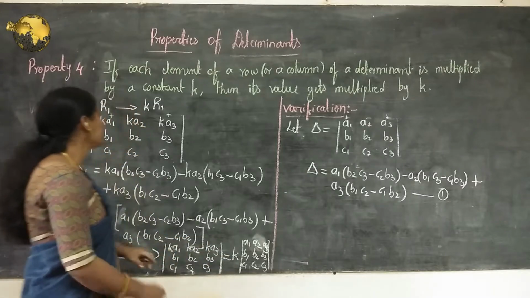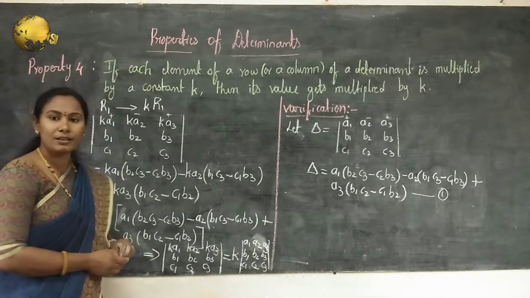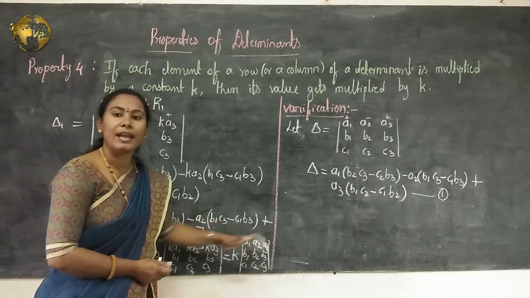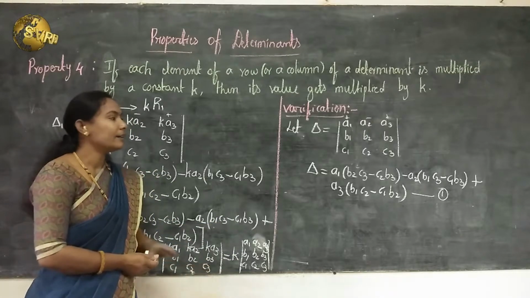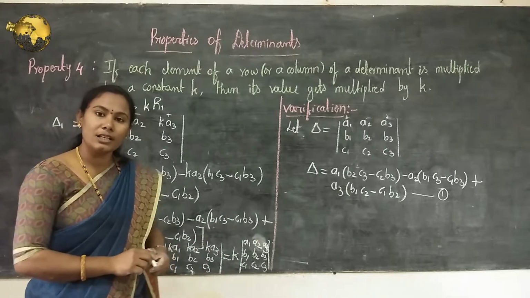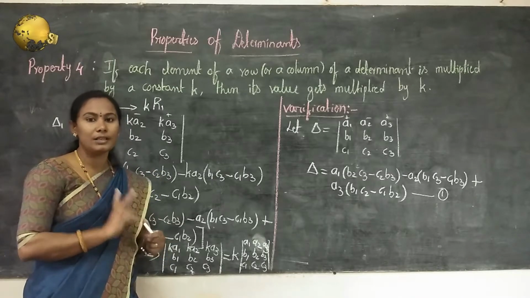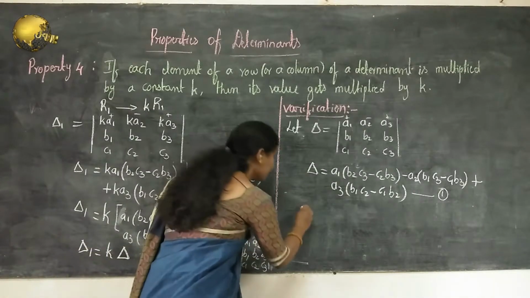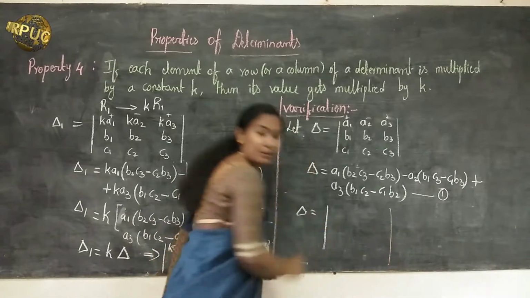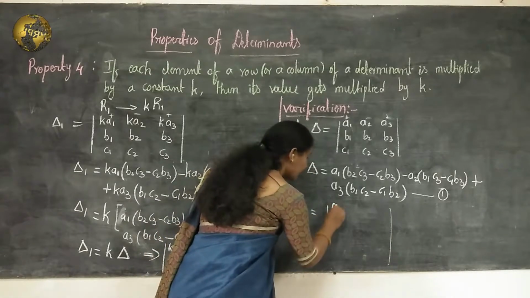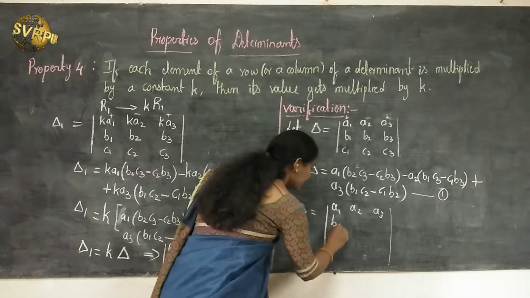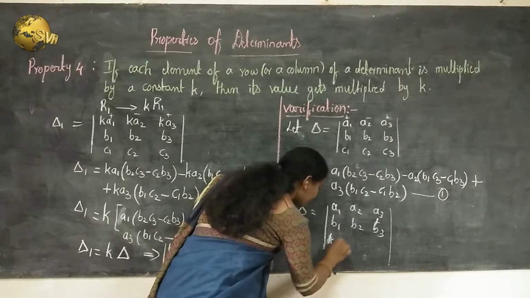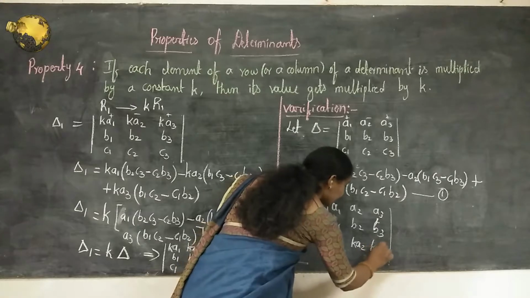Understood? So from property 4 we understand that we can take out any common factor from any row or any column. Another thing is, if the corresponding elements of any two rows or two columns are proportional, then delta, note this down, is equal to a1, a2, a3; b1, b2, b3; and ka1, ka2, ka3.